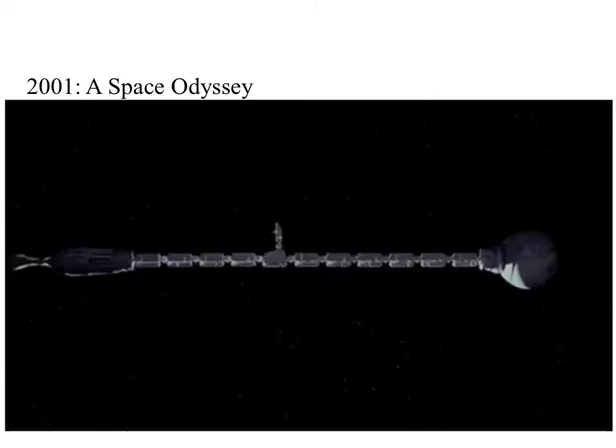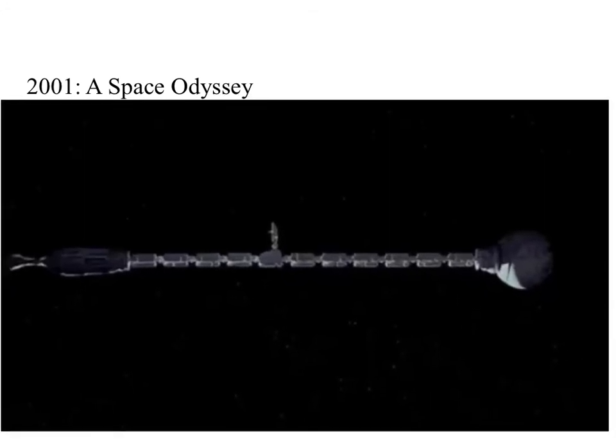So they assumed that there would be some sort of rotating section that would give you gravity on the space station and on the spaceship, and that's this. This section is the habitation section. This is the powerful nuclear reactor that's keeping everything running.